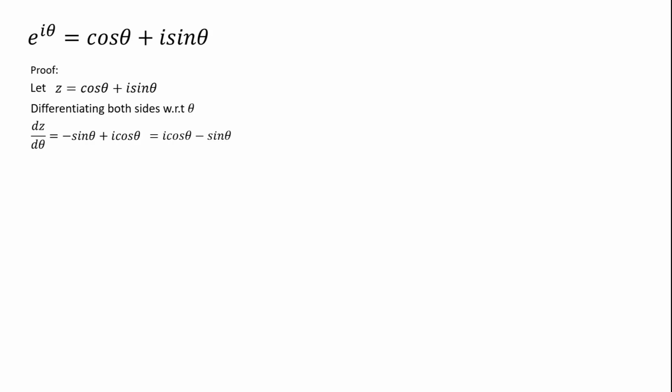Observe that here we have a minus sign, which I can replace with positive iota squared. So we will have iota cosine of theta plus iota squared sine of theta, and we can take iota as a common factor here. So we will have iota times cosine of theta plus iota sine of theta, and this cosine of theta plus iota sine of theta is nothing but z.